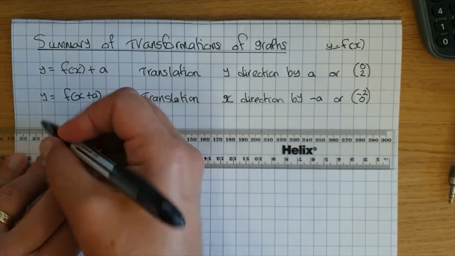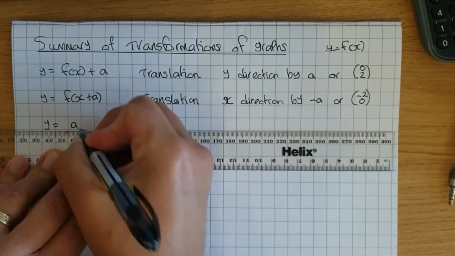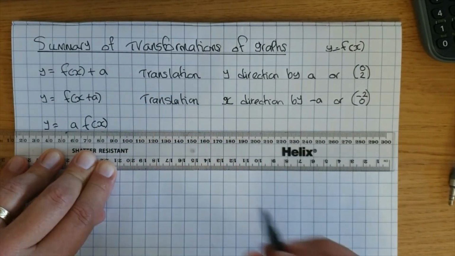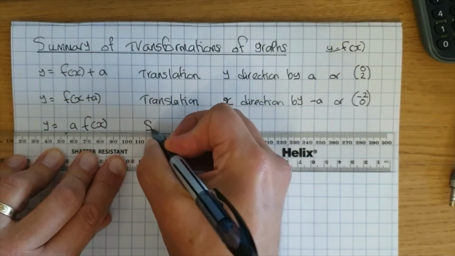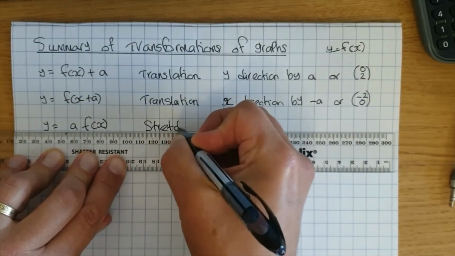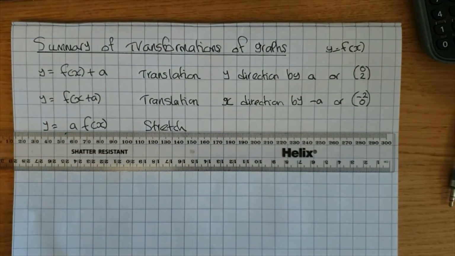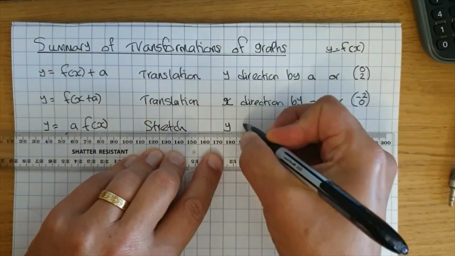So if we continue, we consider y equals a f of x. So we have a multiplier. And we know that these represent a stretch. If you remember the previous examples, things like y equals 2x squared is how we introduced this. So this is a stretch in the y direction.